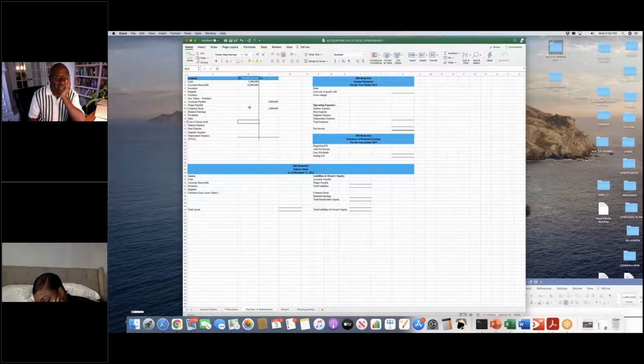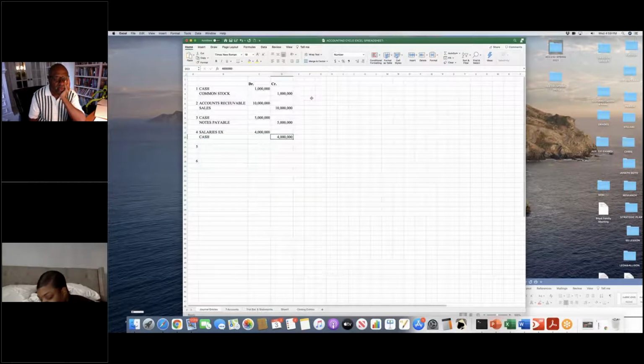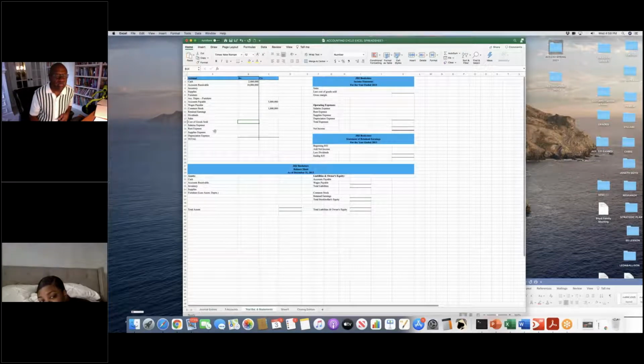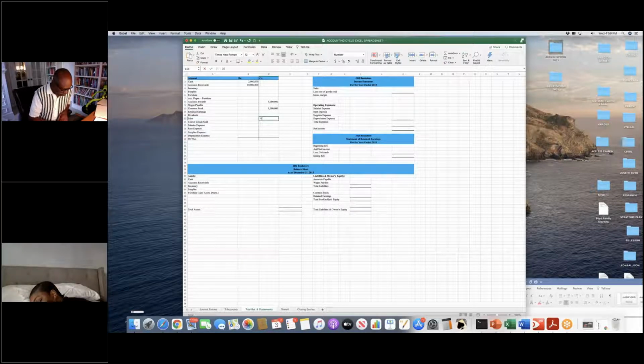Okay. And what else we got from our journal entries? We paid some salaries of $4 million, right? Yes. So your salary expense is 4 million. So the sales though would have a balance of what? 10 million, right? Yes. In the journal entry, creating sales, then the salaries expense is 4 million.